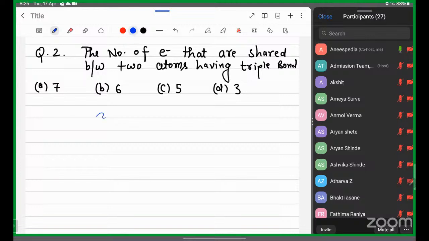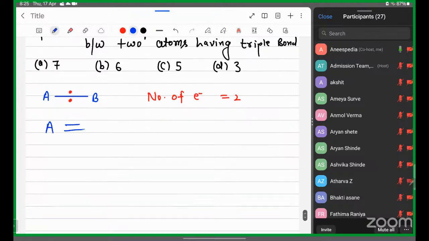If we have only one single bond between atom A and B, one electron will be given by A, another electron will be given by B. So in a single bond, the number of electrons is 2.